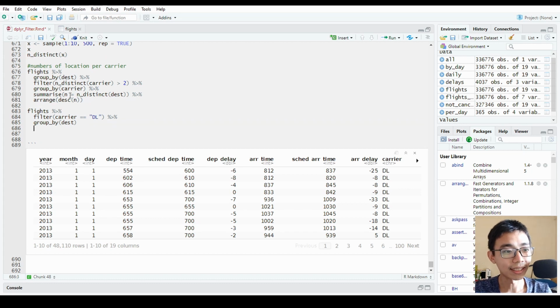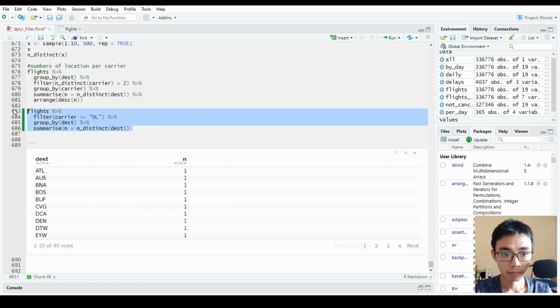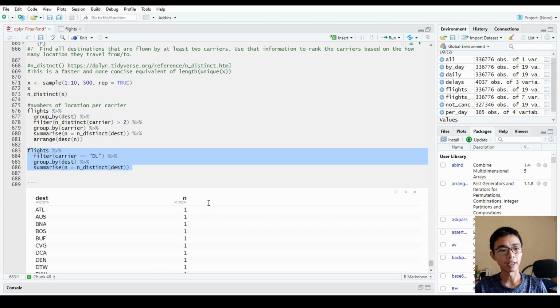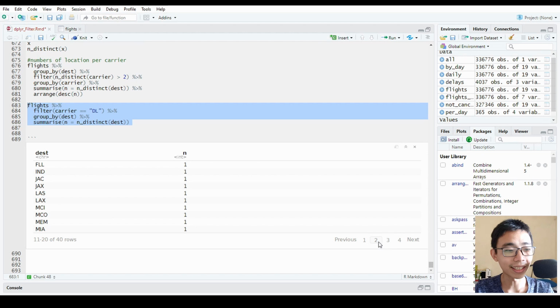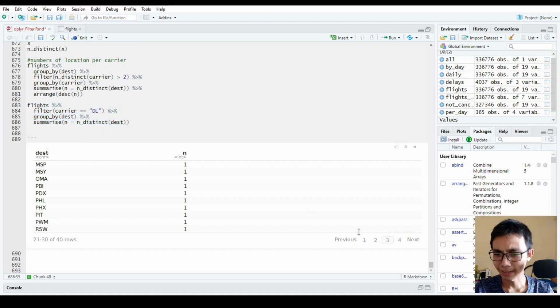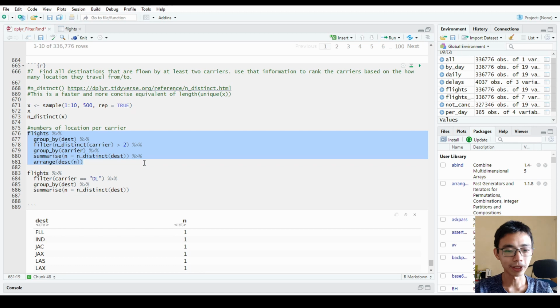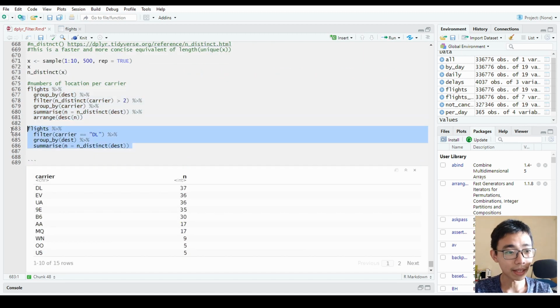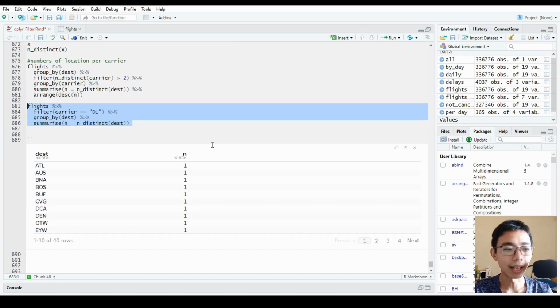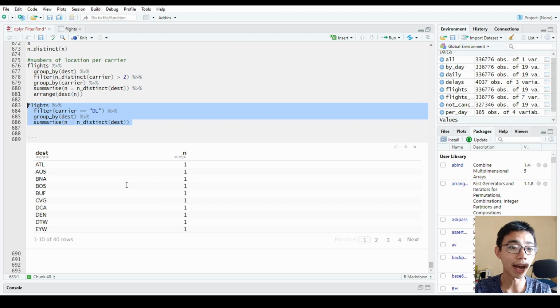And we do an n_distinct on the calculations. Yep, got it. So that's all the 36 different ones. So that's the 40 different ones. I'm sure there's something wrong with some of the calculation over there. Why are there different calculations? So let's try again. So there are 37 of them there. Oh yeah, because this has a destination that is flown by Delta alone.